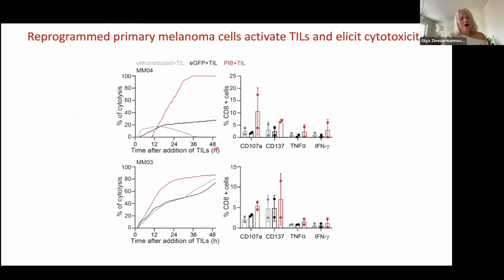And importantly, when we co-cultured the primary melanoma cells after reprogramming with autologous tumor-infiltrating lymphocytes, it also led to the activation of the TILs. And then the activation translated into increased cytolytic reaction against the reprogrammed cells compared to the non-reprogrammed counterparts, which gives another evidence for efficient presentation of endogenous neoantigens.